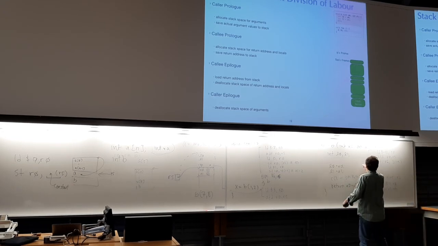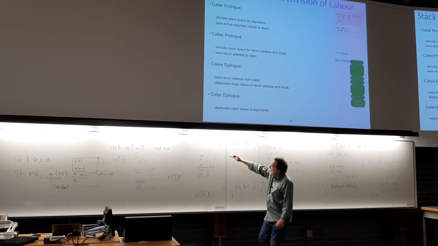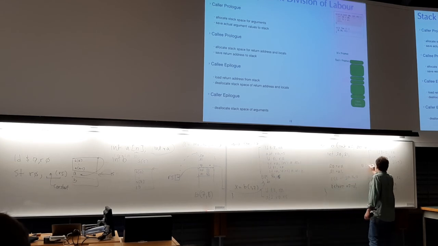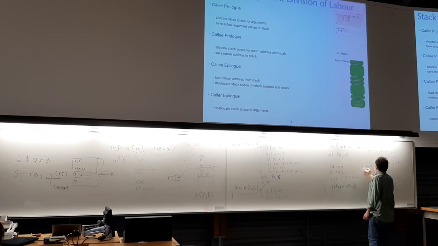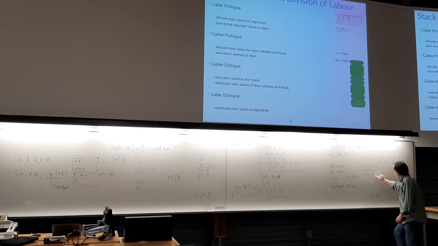Here's the body, I'm going to load A0 and A1, this is 0, 4, 8, 12, and 16. So load 12 from R5 into R0, load 16 from R5 into register 1, add register 1 to register 0.